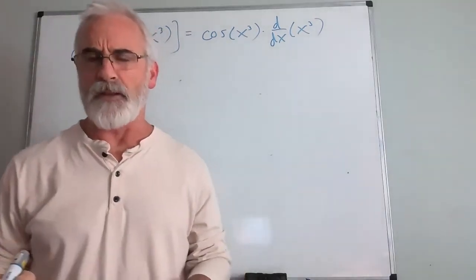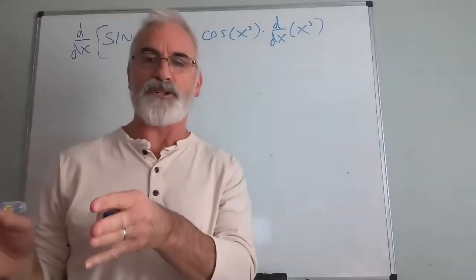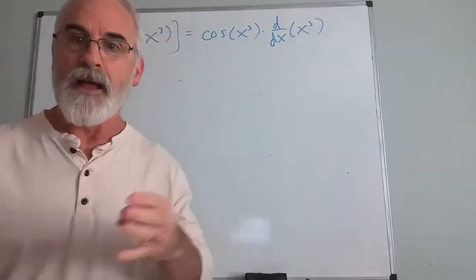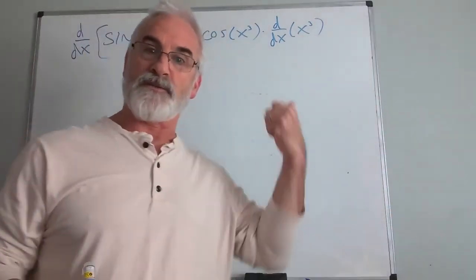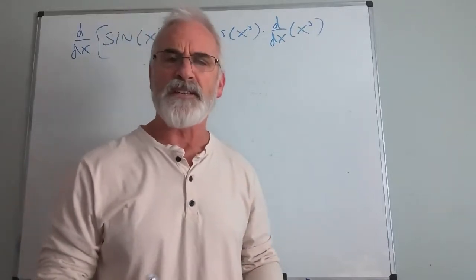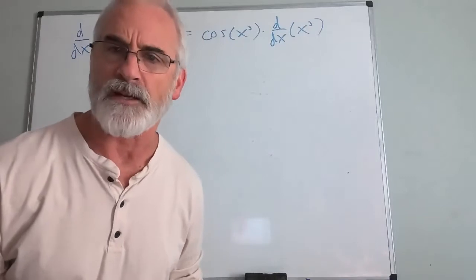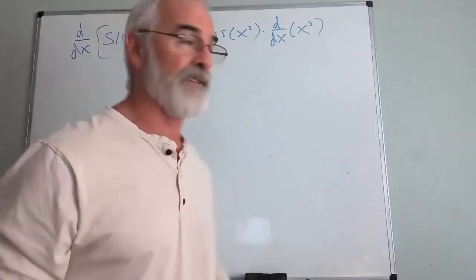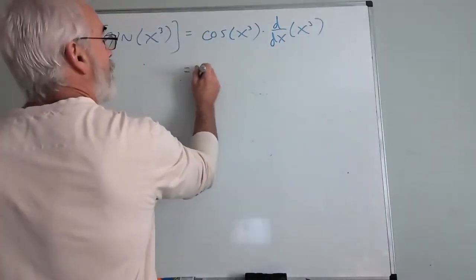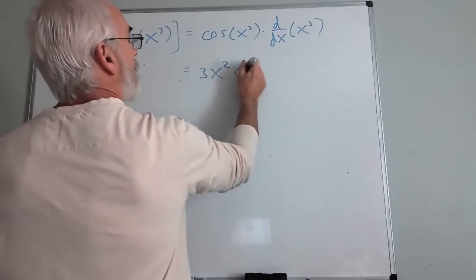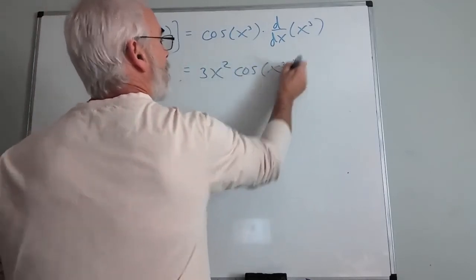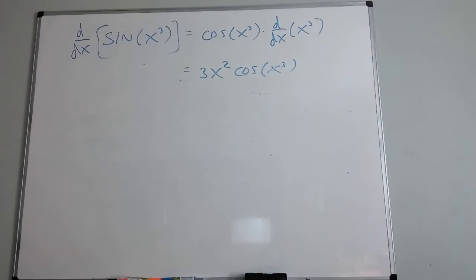Well, typically, when you have polynomial-ish things, x's to powers, multiplied by transcendental functions, things like sines and cosines, we typically put the x to the power in front, not because it's more correct, but because it's easier to read and probably easier to deal with. So I would put the 3x squared in front. It's just a more useful version of the answer.